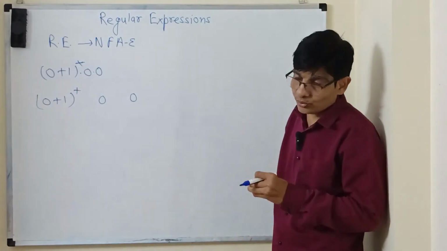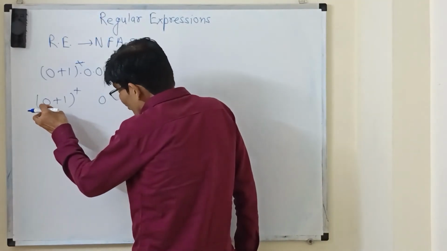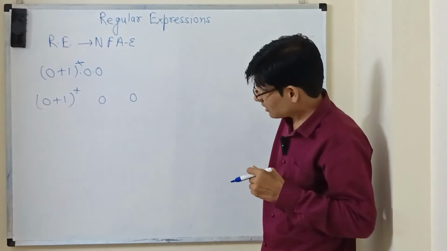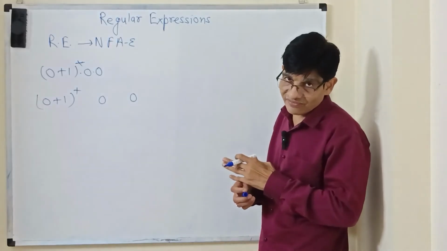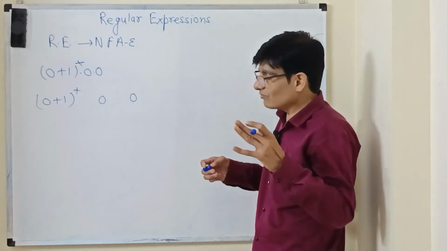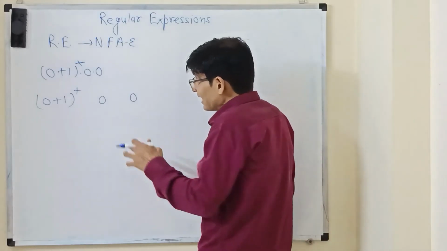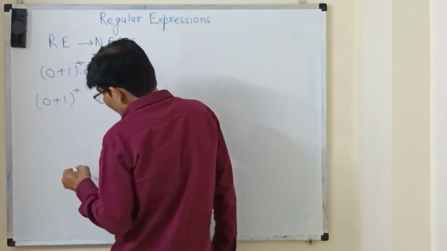Now we can create an NFA or DFA for all these pieces individually, and then combine all these machines with the help of epsilon transition. So it will become an NFA with epsilon move. Now we can see how we can do it.